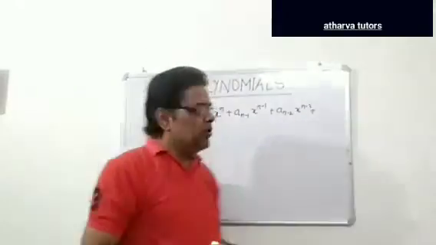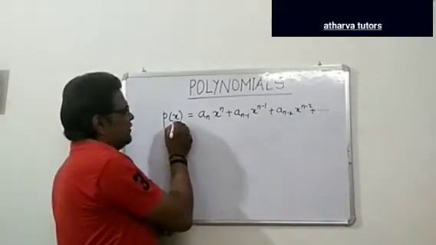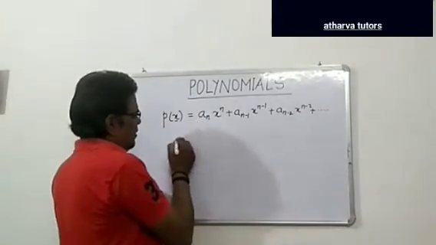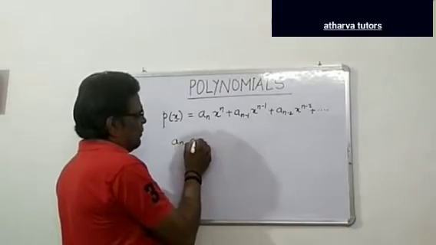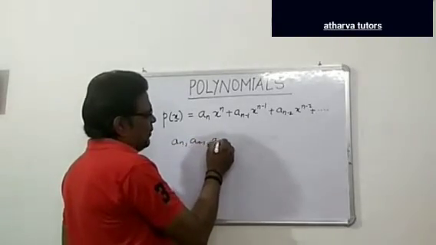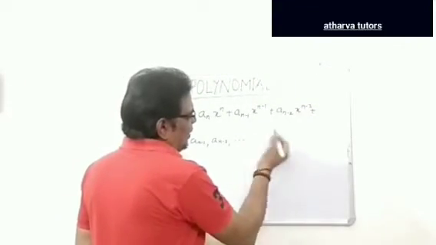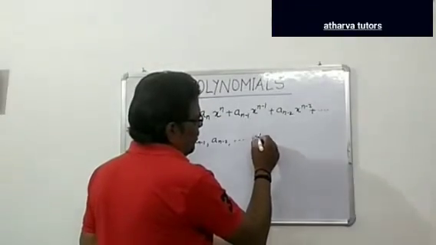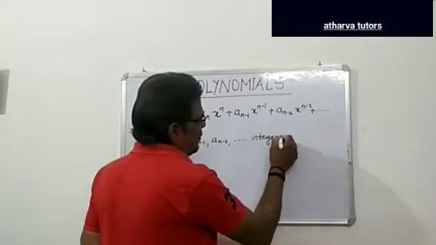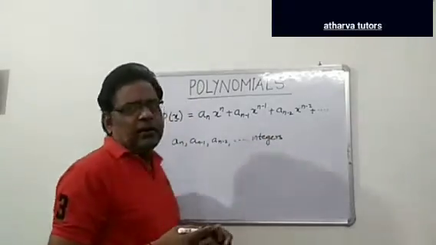So here the variable is x, and all this a_n, a_(n-1), a_(n-2), all these numbers are real numbers. You can call them integers. They all are integers.